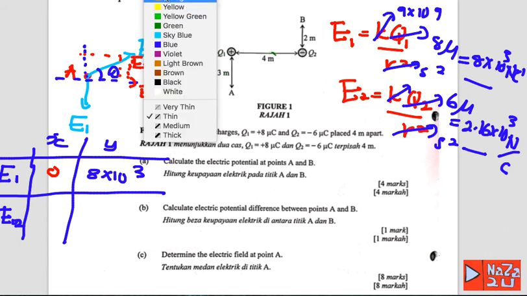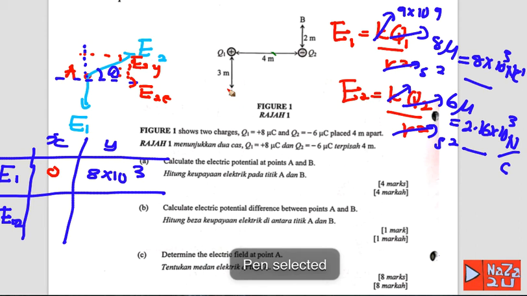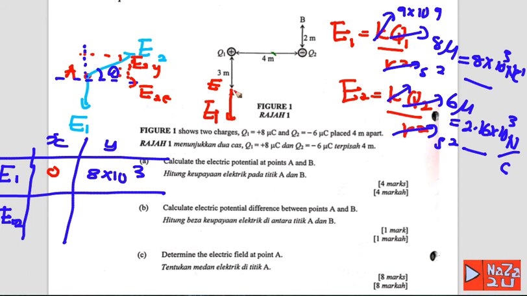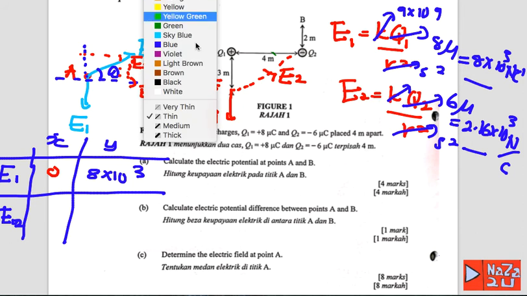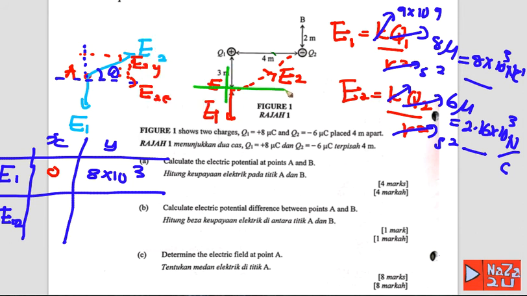So now if I draw the electric field at point A, the first is E1 and the second is E2, and you can use the resolving vector here so you can find the value of theta.